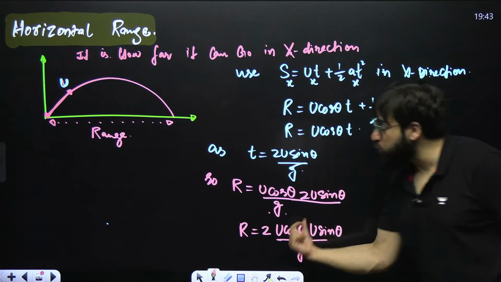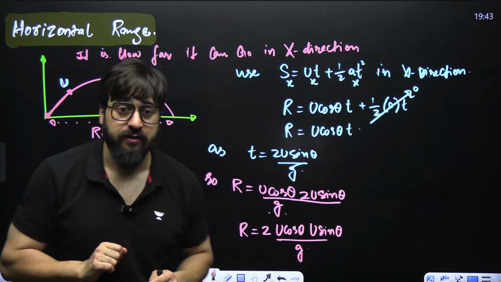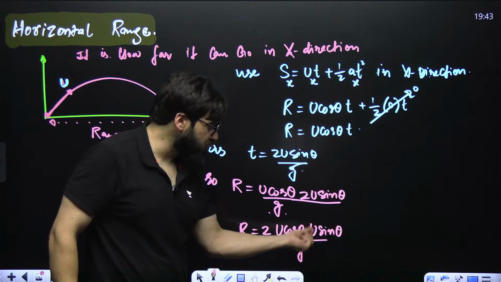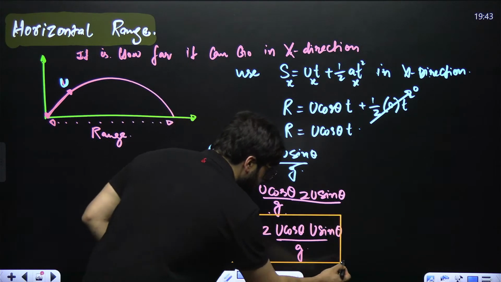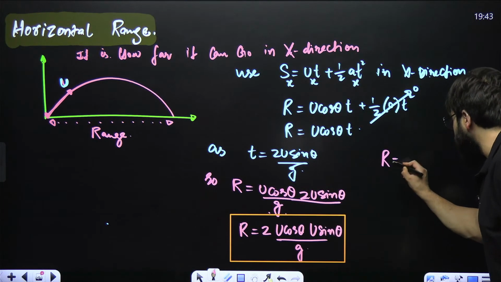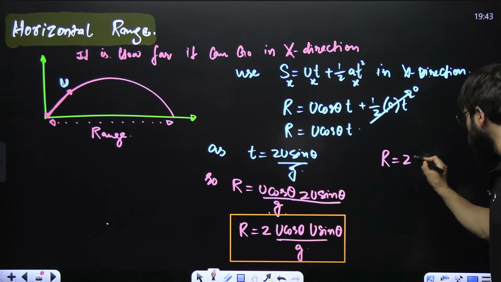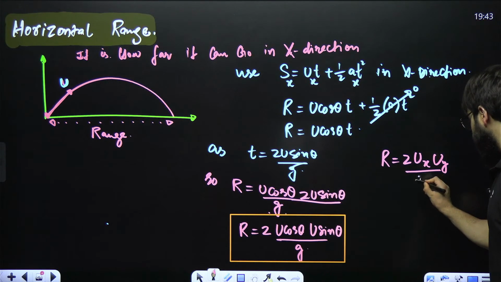What is u cos theta? It is the initial velocity in x direction. What is u sine theta? It is the initial velocity in y direction. So keep this also in your box, one more equation: the range is 2 into ux into uy, divided by g.